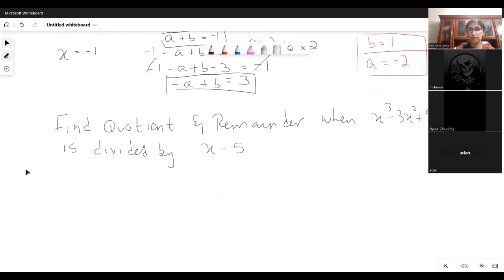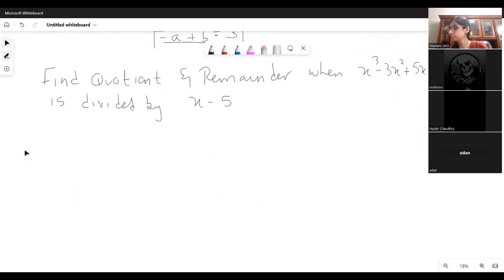Find the quotient and the remainder when x cubed minus 3x square plus 5x minus 4 is divided by x minus 4. Okay.